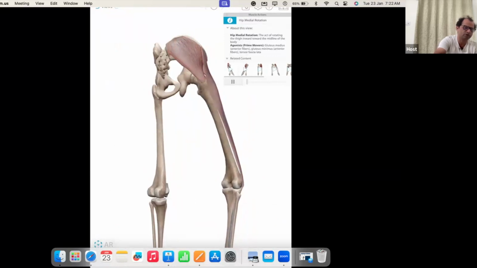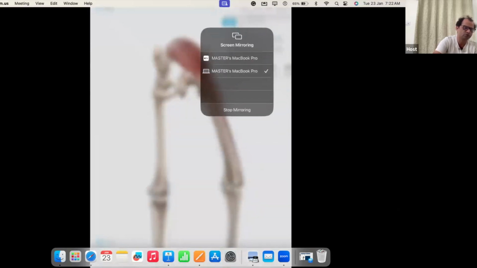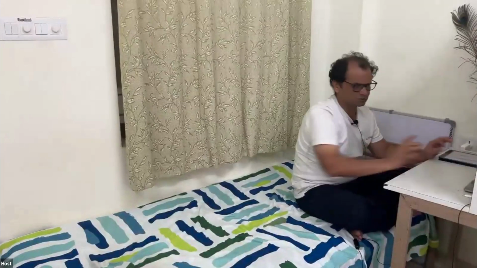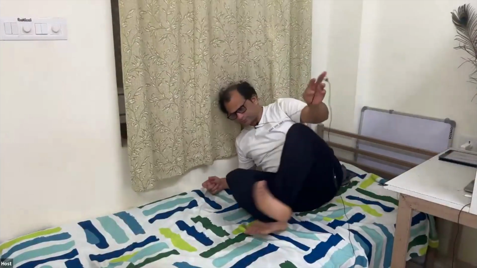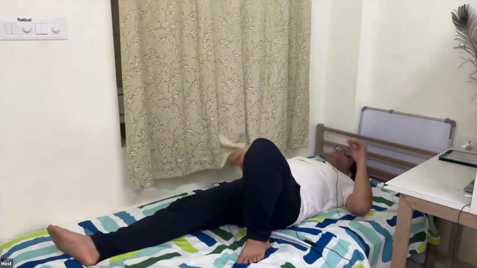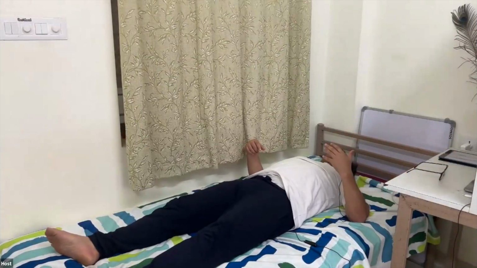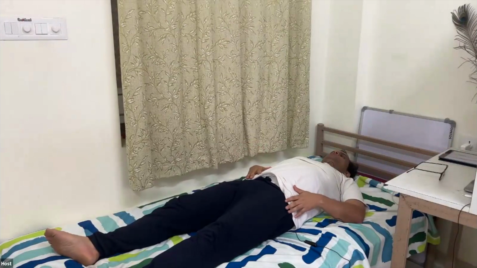So you have to remember this. Little effort, then you will memorize. Thoda sa. So let's do the internal rotation. And you can feel the effect also. So first lie down and do this movement. We have done lots of movement, hip abduction.